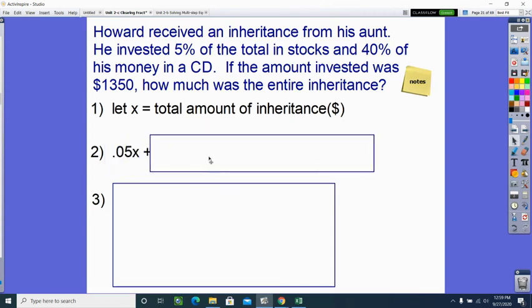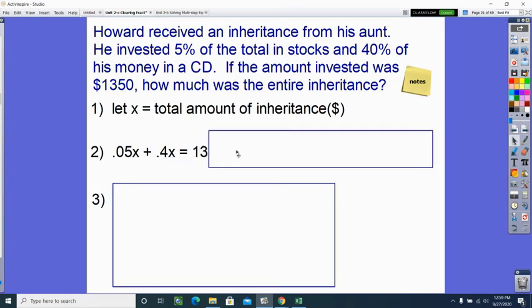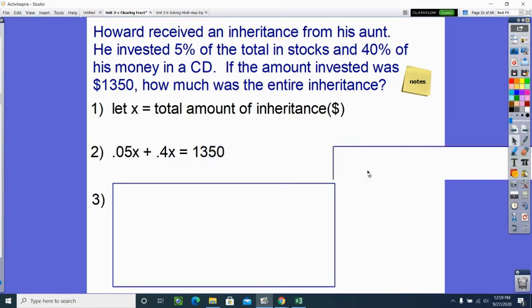So 5% is 0.05 as a decimal, plus 40% would be 0.4. So I'm going to take 5% plus the 40%, and that has to equal the 1,350. 3 things going on here. So 5% of the total plus 40% of the total has to equal 1,350.